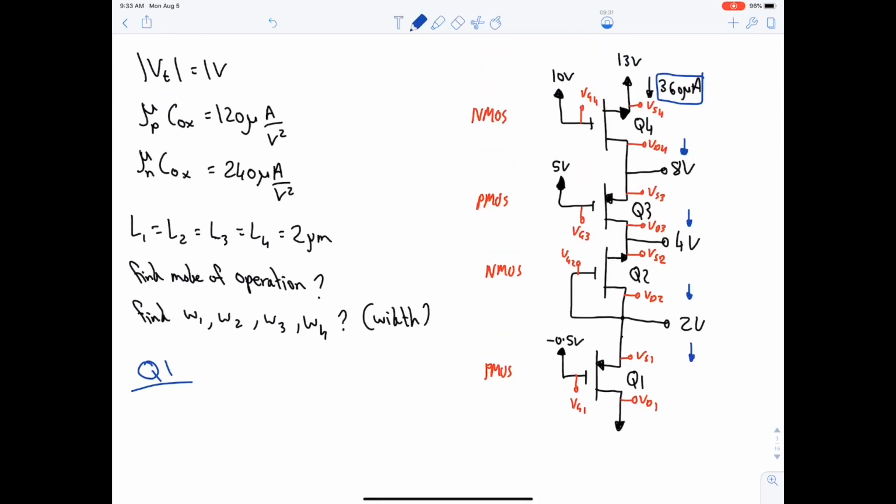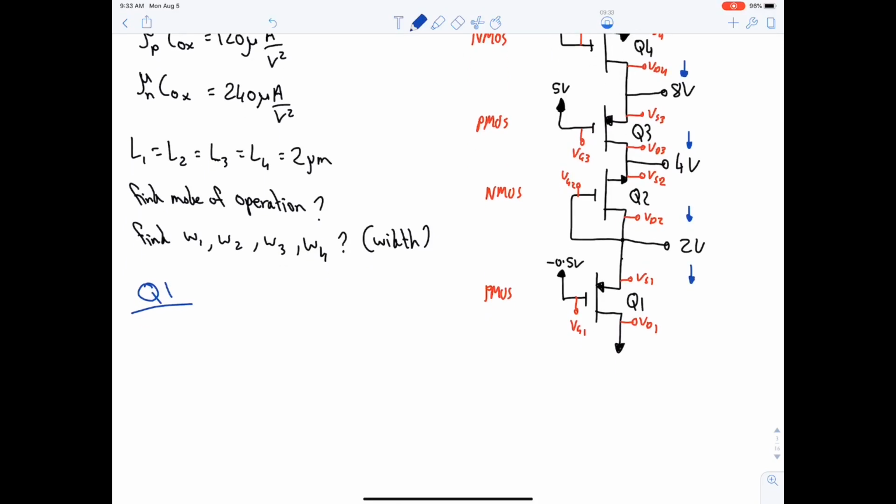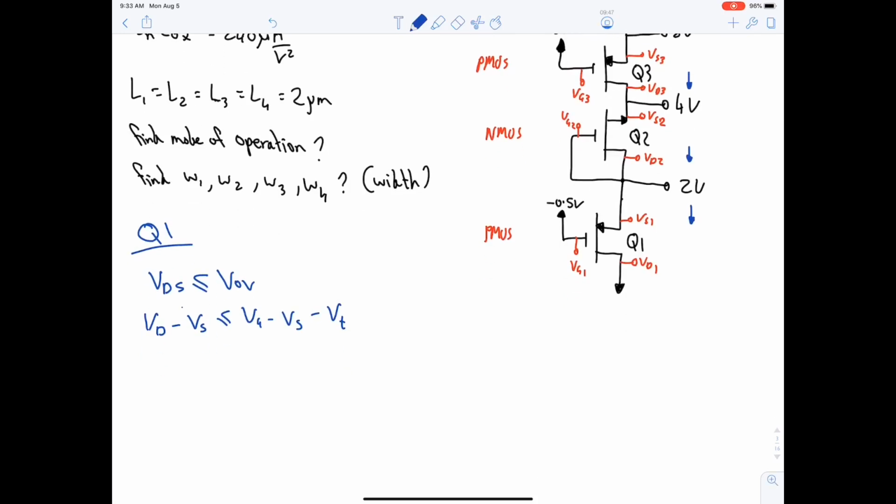For Q1 it's PMOS, and in order to check the mode of operation, we need to check VDS less than or equal to VOV. Let's open them. VD minus VS less than or equal to VG minus VS minus VT. S and S, they cancel each other out. So we're looking for VD1, S1, G1, S1, T1.